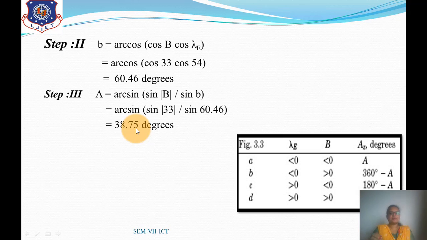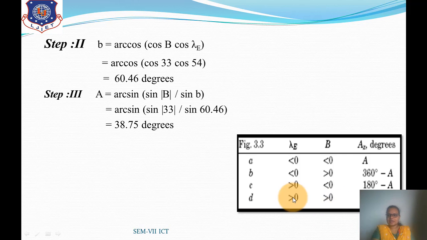Now, the next step is to find the azimuth angle, which is AZ, which is based on this table. Now, this table is based on two values, that is lambda E and B. In our case, lambda E is positive, which is 54 degrees, so it is greater than 0, and B is also positive, which is 33, which is also greater than 0.